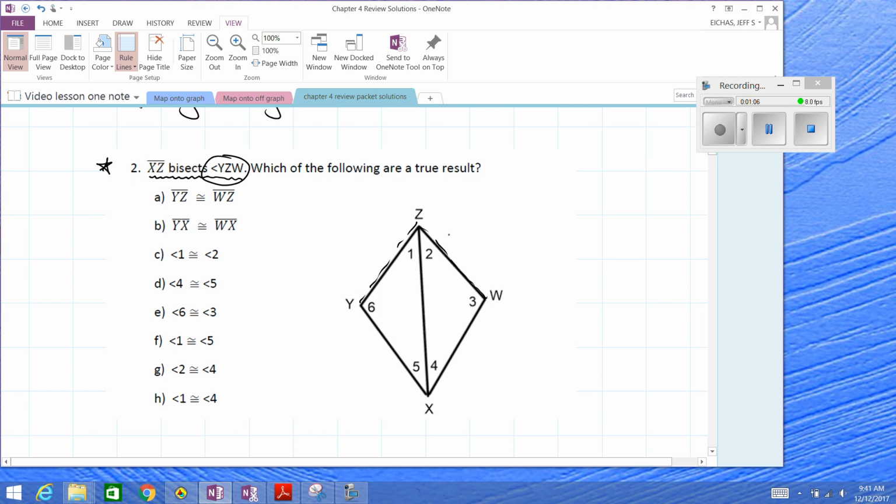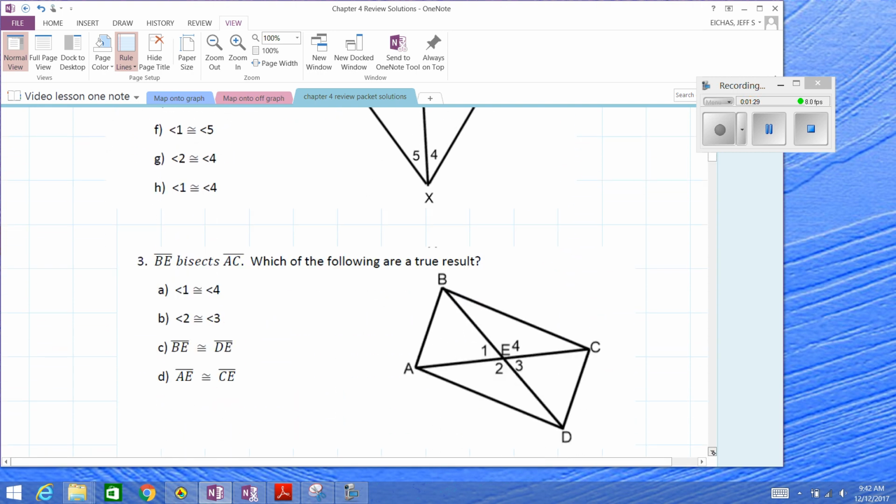That's this full angle, Y to Z to W. When it's bisected, it cuts it into 2 equal halves. So then angle 1 is congruent to angle 2. That is the only conclusion from this statement. There are possibly other pieces of information that are true, but that's the one from this.